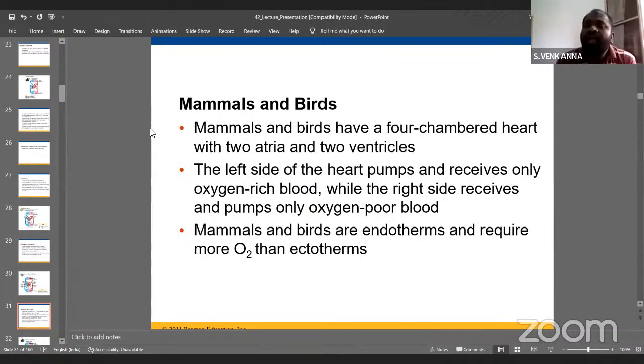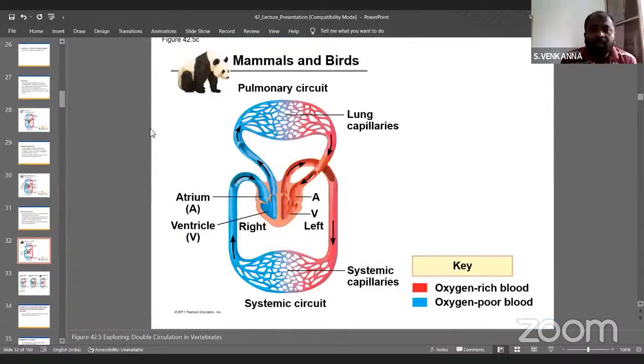So this is the mammals and birds circulatory system, with the pulmonary circuit, lung capillaries, atria, and left and right ventricles. This is the structure of circulation of mammals.